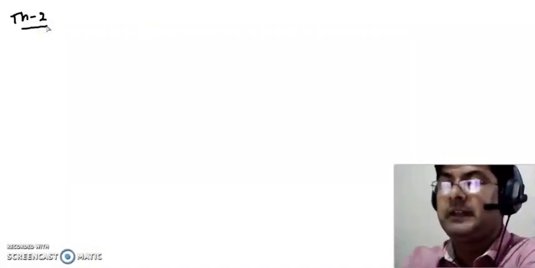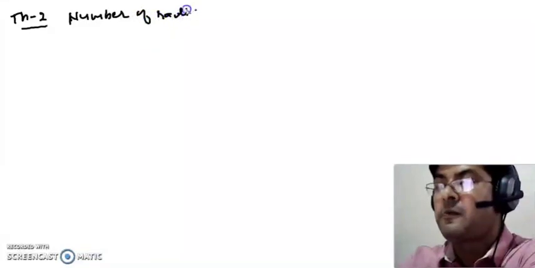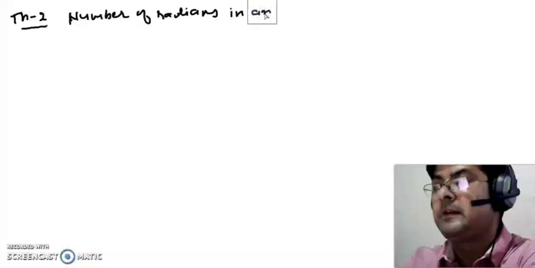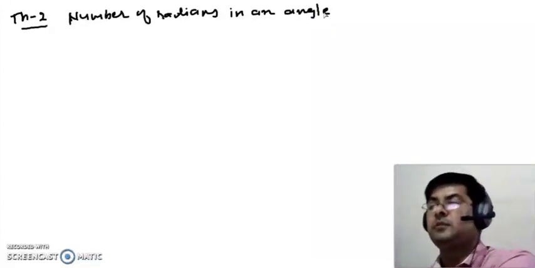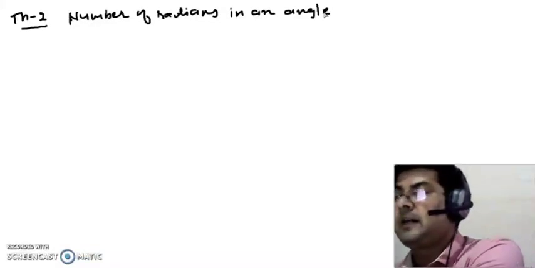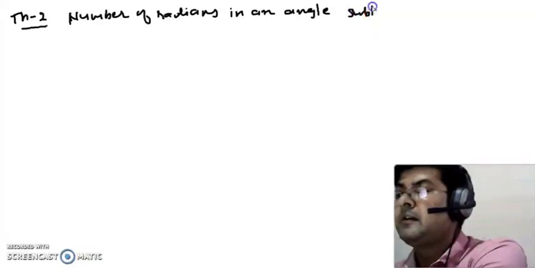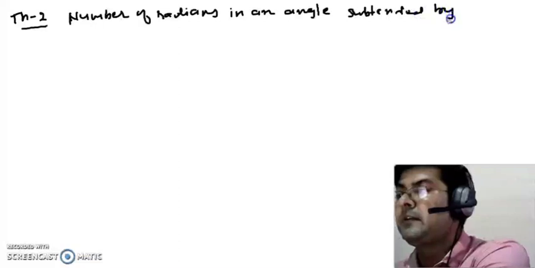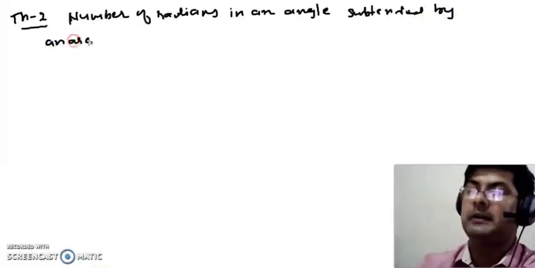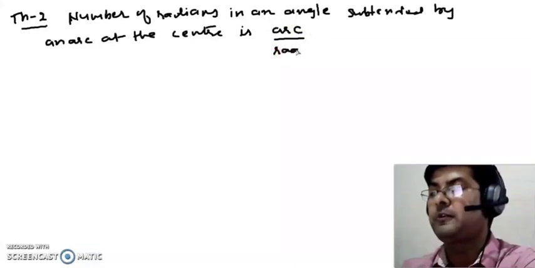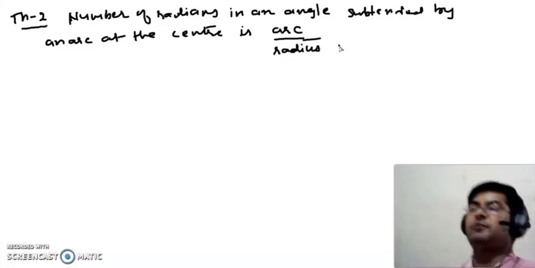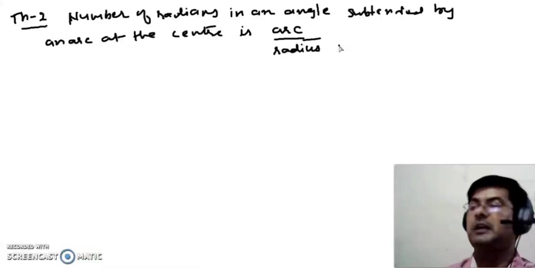The number of radians in an angle subtended by an arc at the center is given by the formula arc upon radius.